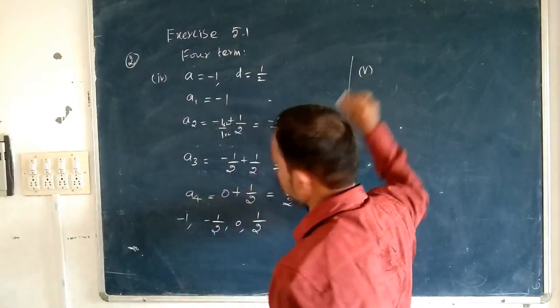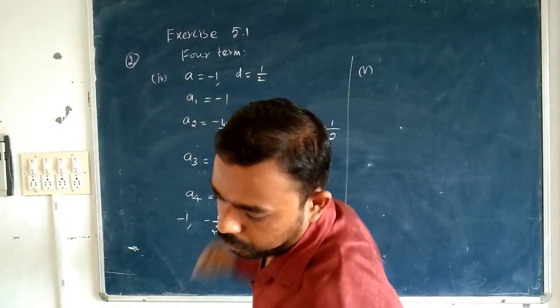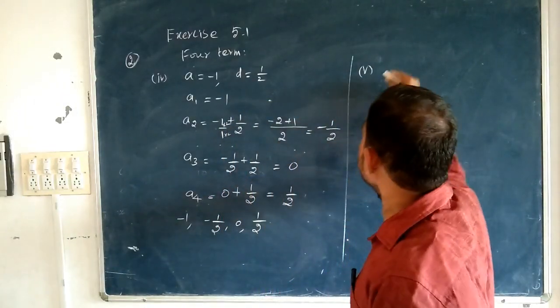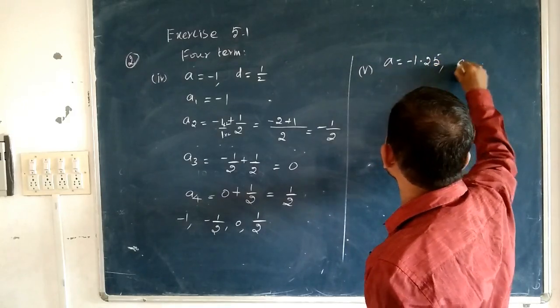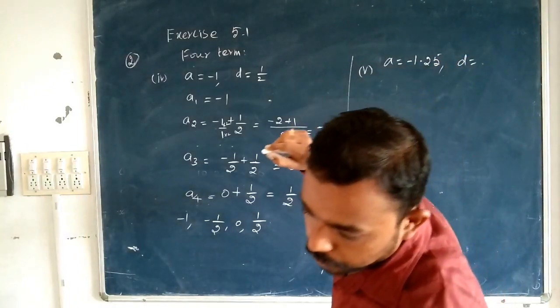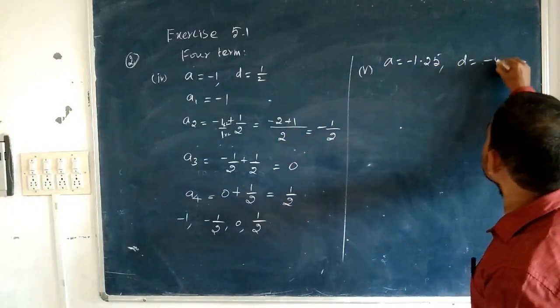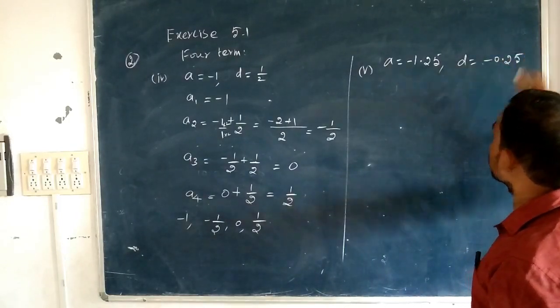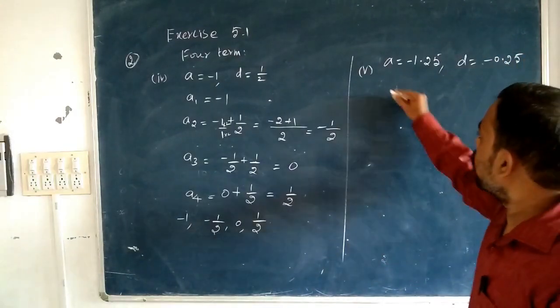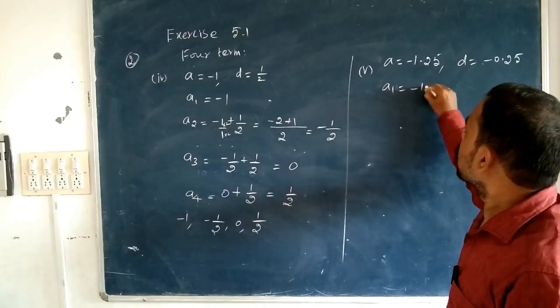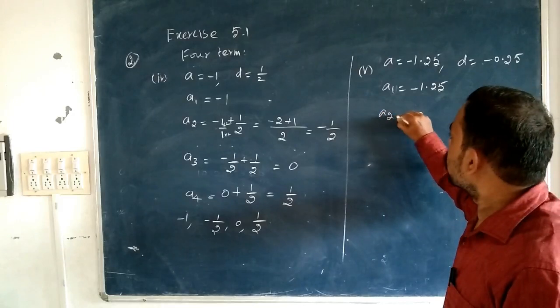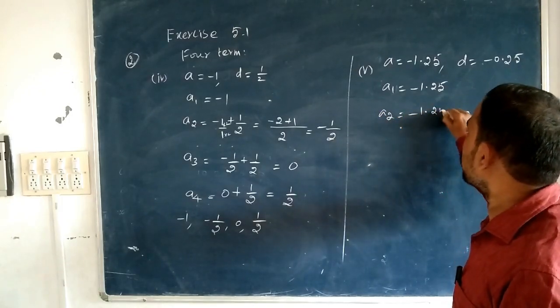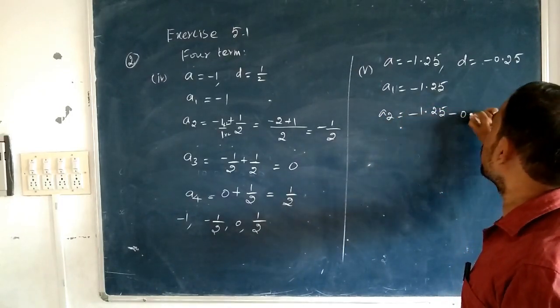Next fifth problem. A equal to minus 1.25 and D equal to minus 0.25. Now consider A1 equal to minus 1.25 and A2 equal to minus 1.25, D also minus 0.25.